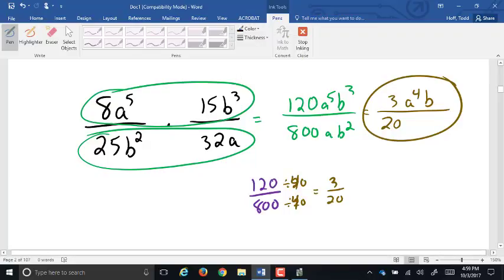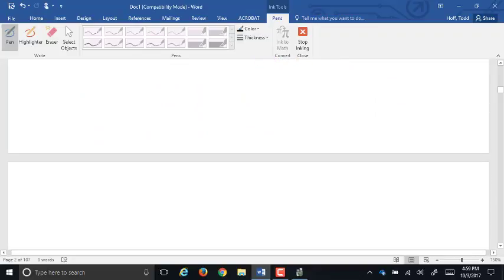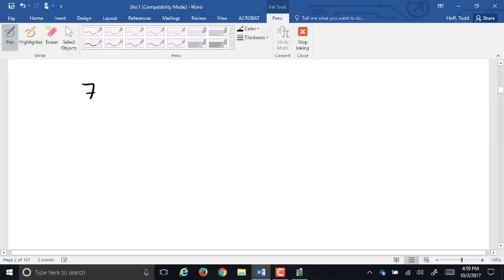Well, the good news, division isn't much harder. 7x over 8y squared divided by 5x to the 3rd over 12y.